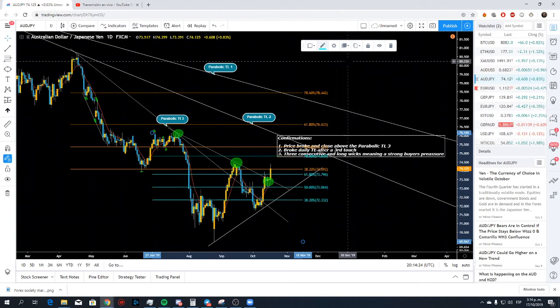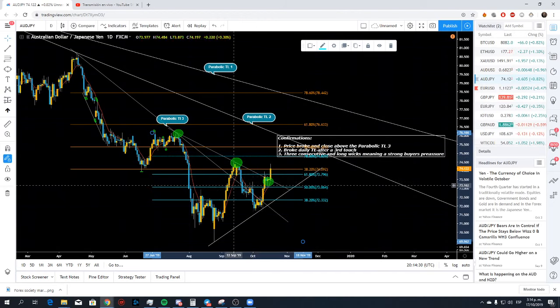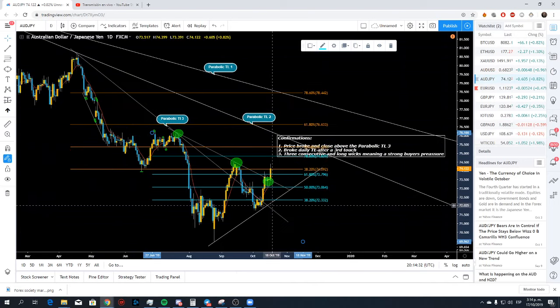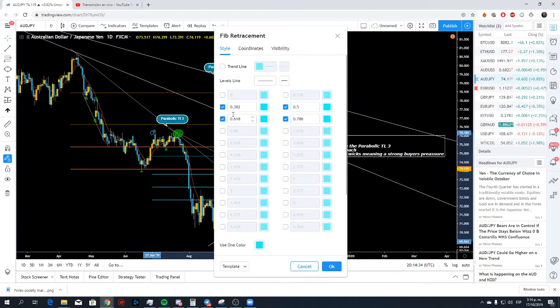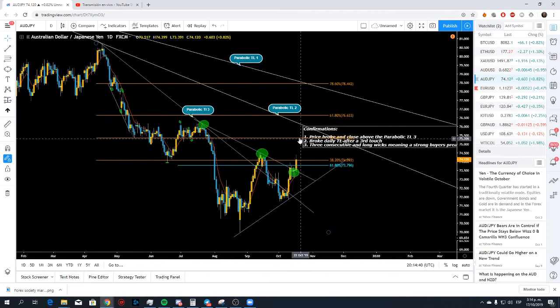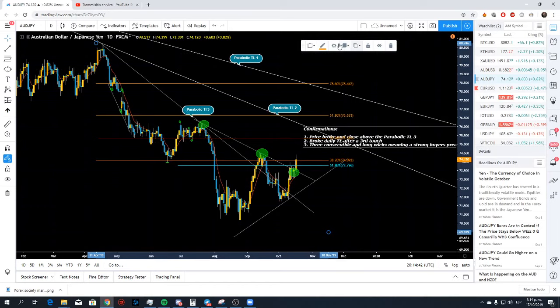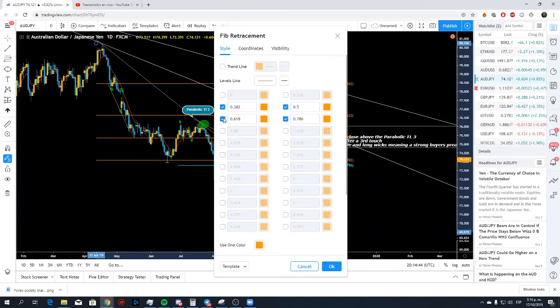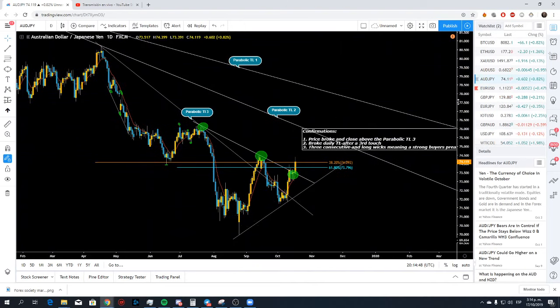So what level is close to the price right now? The 61 level. And if you see, guys, let's clear this chart a little bit. Let's just leave the 61 level, and let's clean this one too. We got the 38 level. Let's just leave that one.